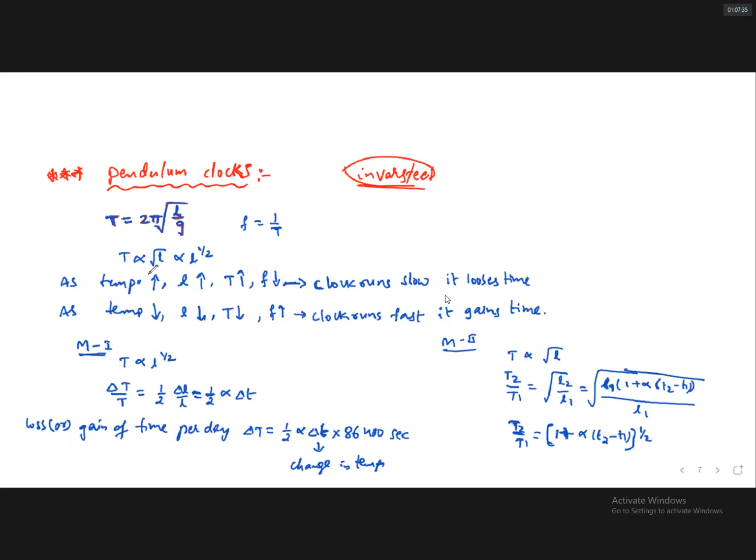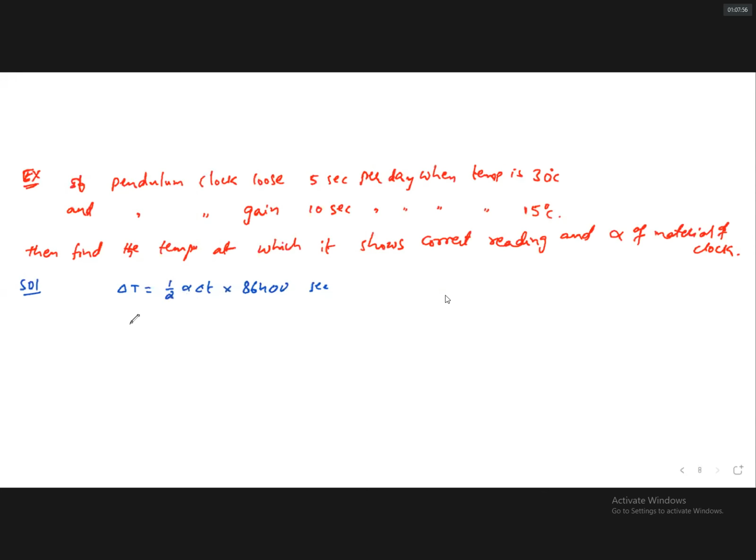Means as temperature increases, pendulum clock loses the time, and it gains the time when temperature decreases. So when temperature is increased beyond the calibrated temperature, it loses time. Here the pendulum clock shows the correct reading at some T degree Celsius.